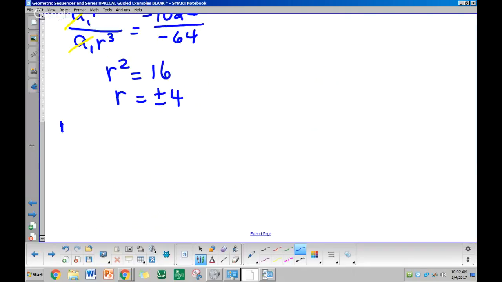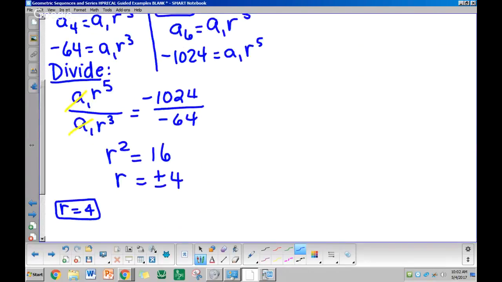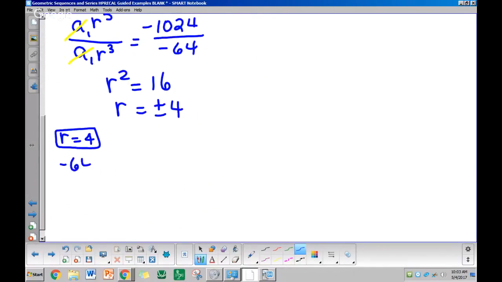So if r equals positive 4, what is a sub 1? We gotta figure that out. It doesn't matter which equation you use, but let's use the easier one, shall we? Which is the one that's raised to the third. So we can say negative 64 equals a sub 1 times 4 to the third.